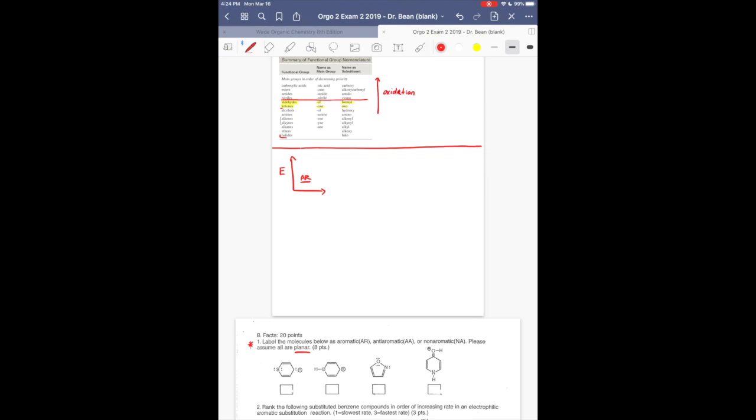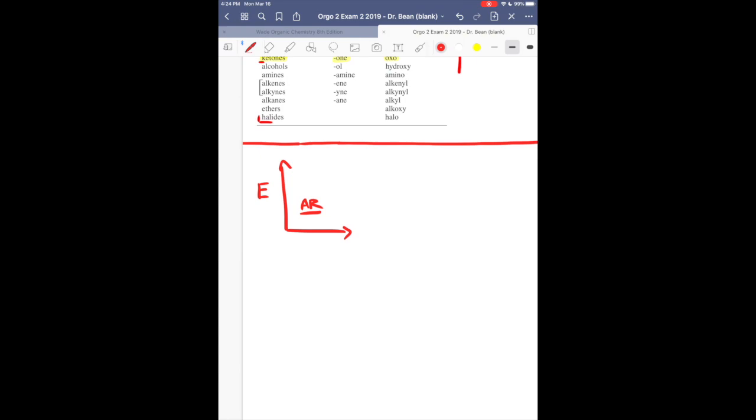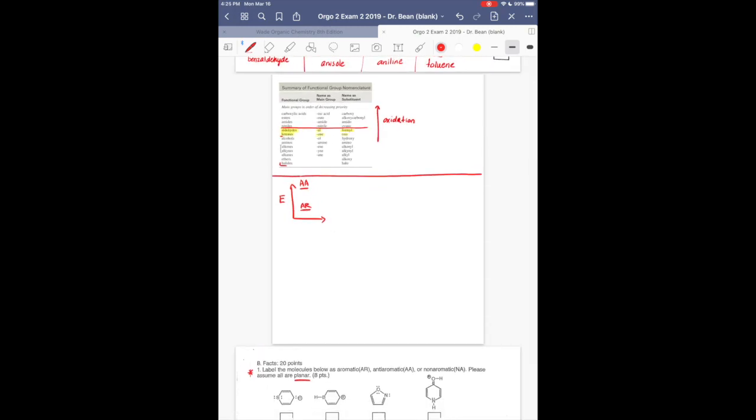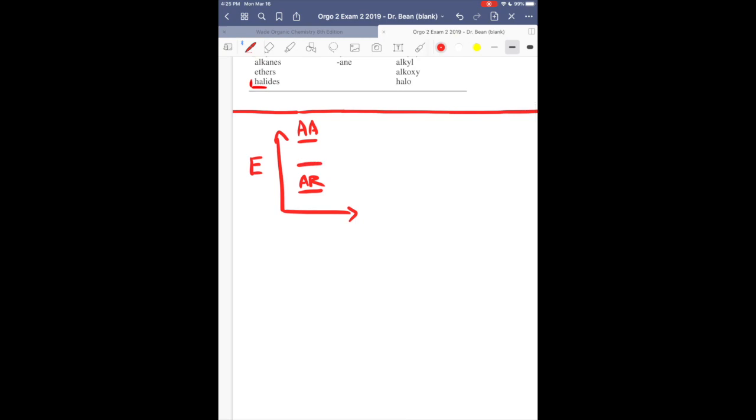So if this is our energy diagram right here, aromatic compounds have this extraordinary stability to them. So that means they're going to be lowest in energy in comparison to the others, right? They are extra stable. If a compound is aromatic, that is great. There is delocalization of the pi electrons about the system that is allowing for that to be more stable. Now let's compare to the second option, which is anti-aromatic. So anti-aromatic is going to be highest in energy level, the least stable out of these 3. And then right in the middle, your little compromise, you could call it, is going to be non-aromatic.